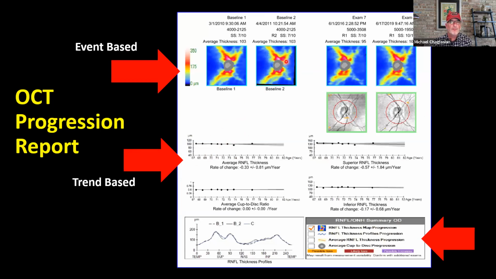And this is the RNFL thickness map, deviation map. And right here in the middle is where the trend line analysis is. And the second type is event-based, showing you the color maps because it's more point by point, if you will, pixel by pixel of regions within that box to identify where change is.